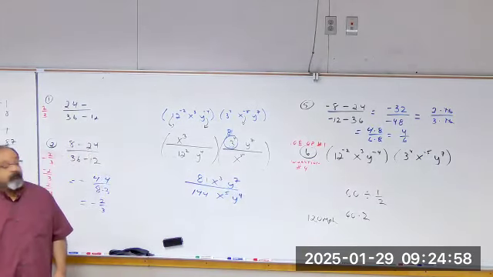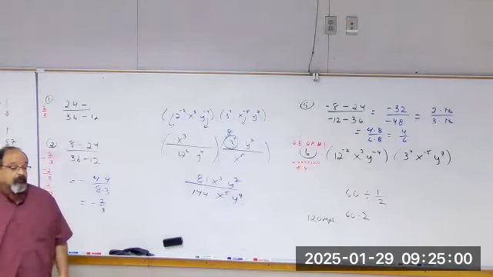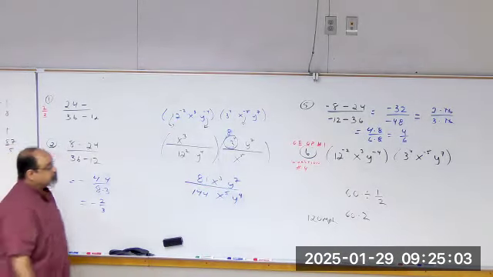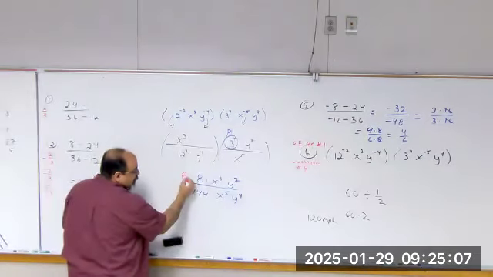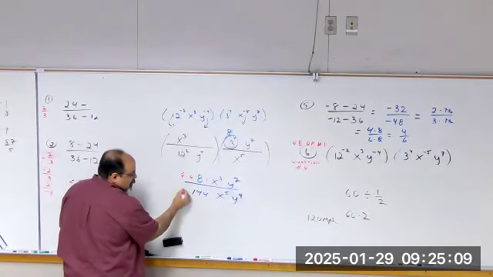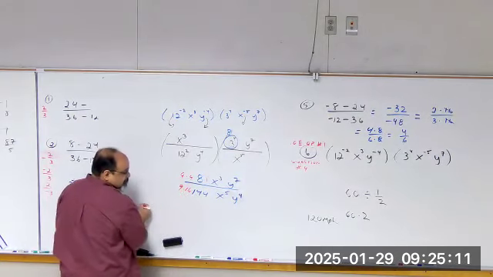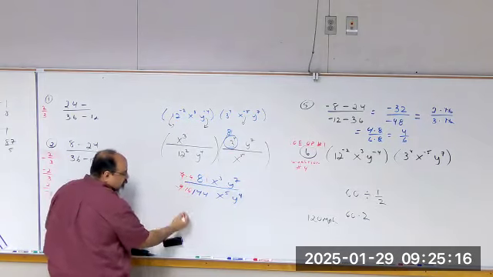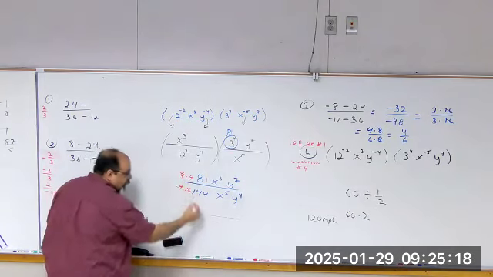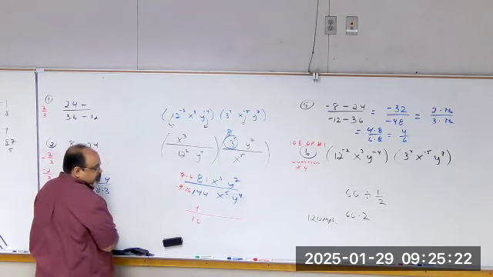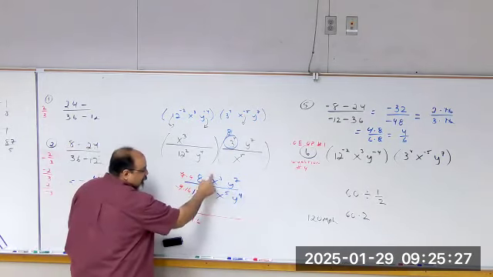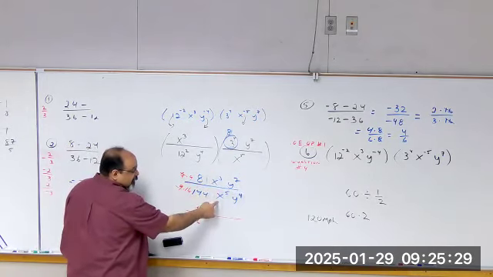All right, so we have 81 over 144, so we're trying to reduce that. 9 times 9, 9 times 16. So I can reduce 9s. I have a 9 in the numerator, 16 in the denominator. X to the 3rd over x to the 5th.